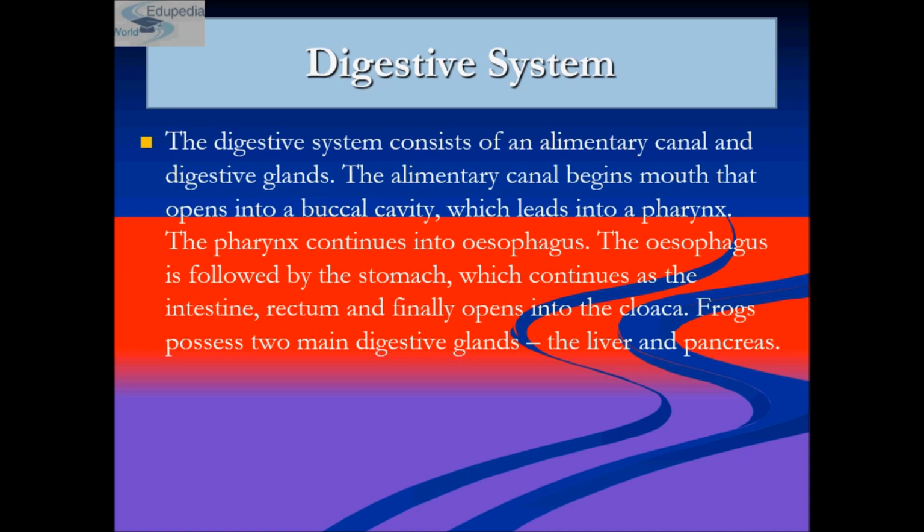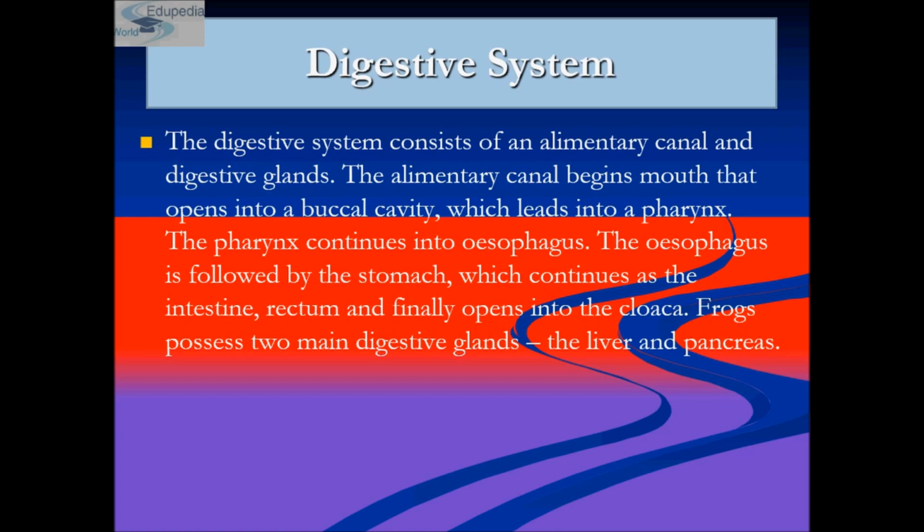The mouth opens into the buccal cavity that leads into the esophagus through the pharynx. And then the esophagus is a short tube that opens into the stomach, which in turn continues as the intestine, rectum, and finally opens outside by the cloaca.